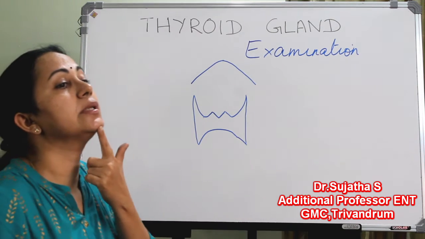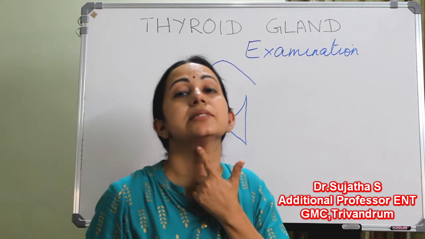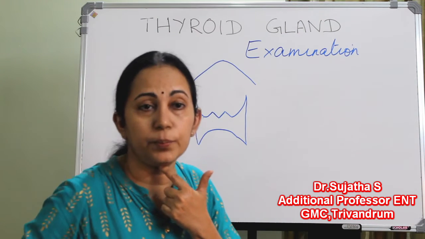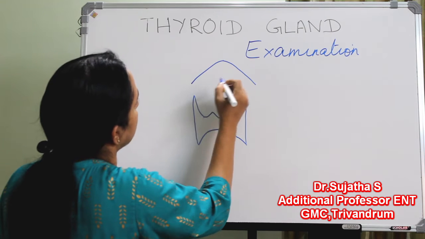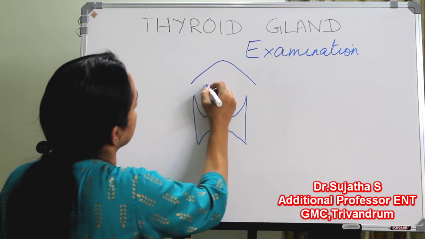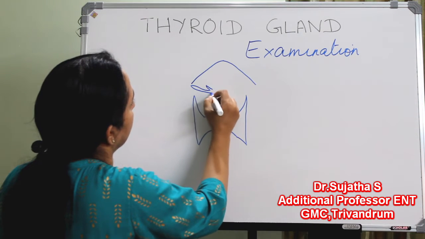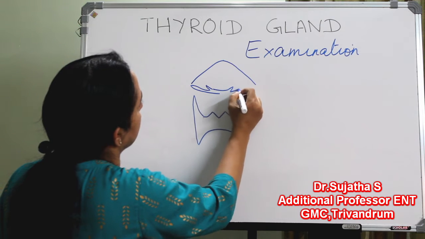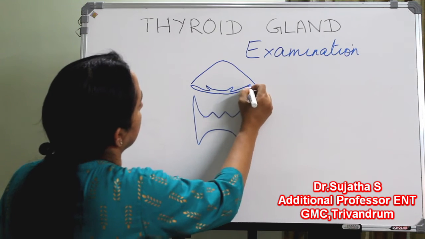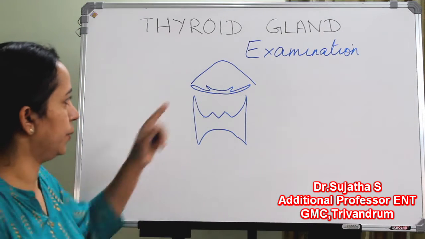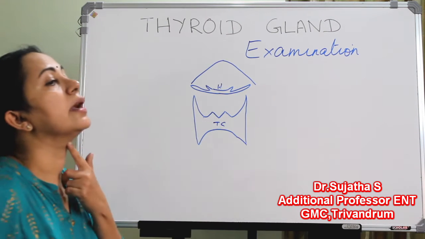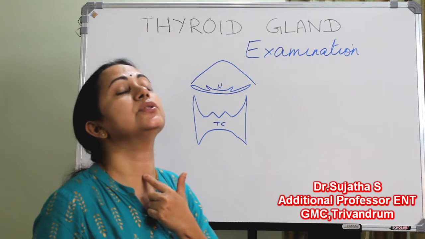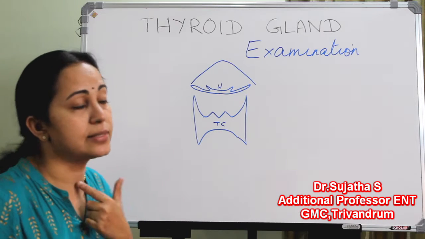Anatomically, in between the chin and the thyroid prominence, there is a hyoid bone which is rarely palpated. The hyoid bone will come here, the lesser cornu and also the greater horn of the hyoid bone.